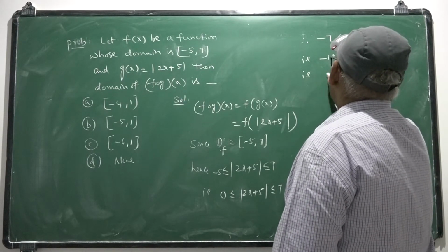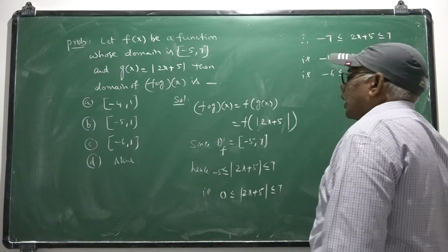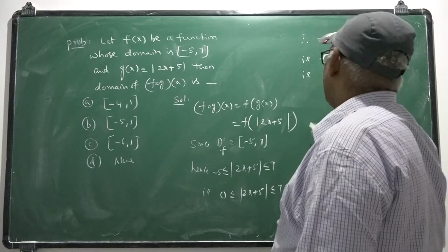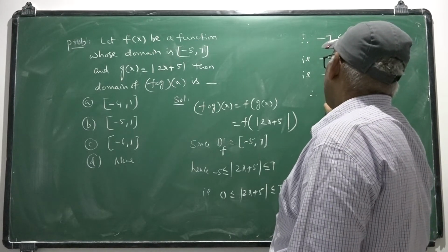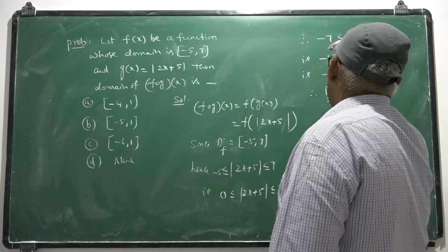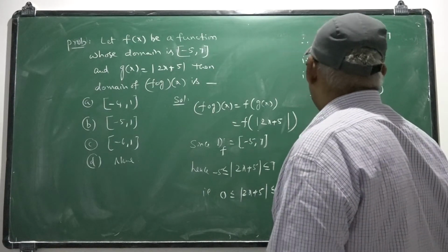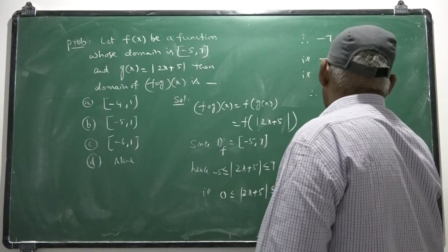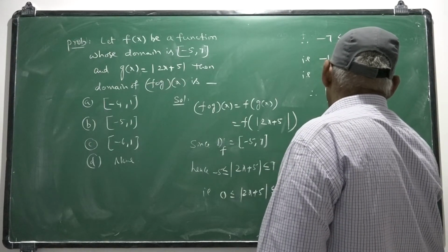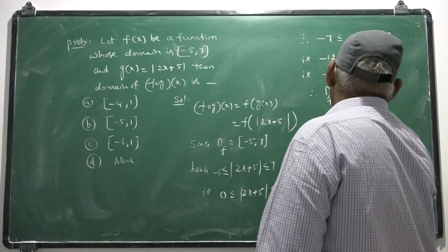On dividing by 2, we get -6 ≤ x ≤ 1. So therefore, the domain of f∘g is [-6, 1]. F∘g means initially you have to apply g and then f.